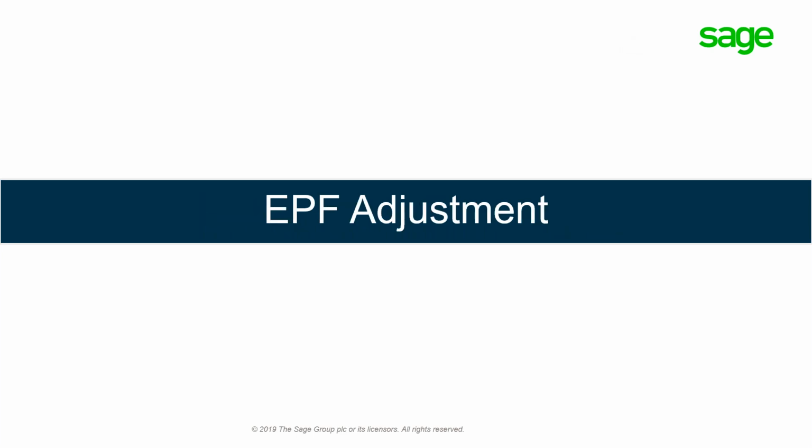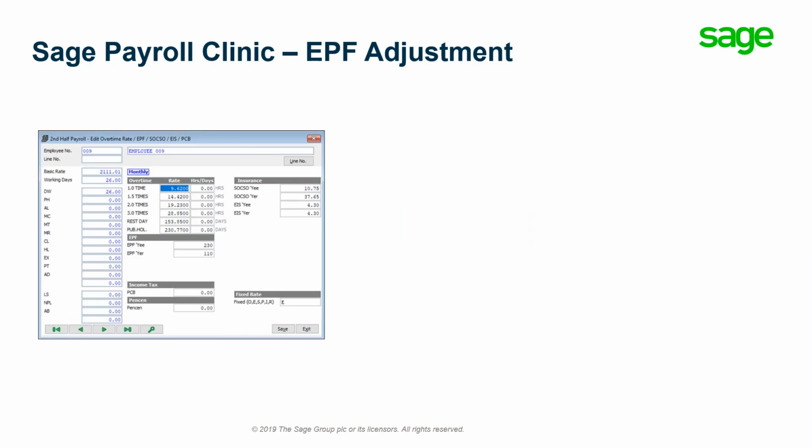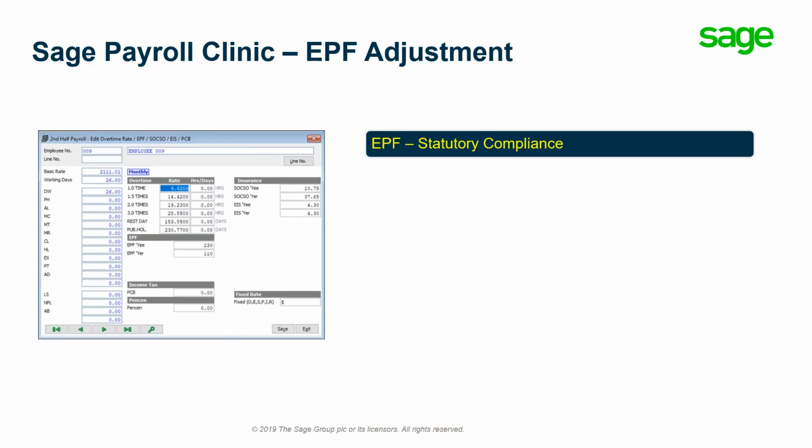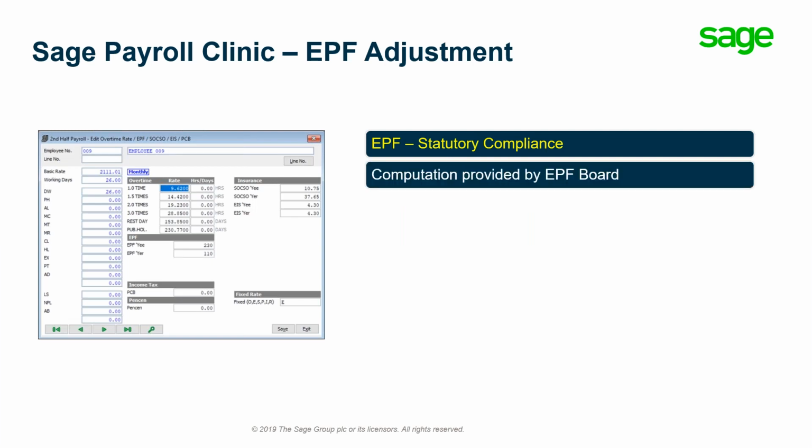Now the next topic is on the EPF adjustment. This is also something that we received as a request. As you know, EPF is a statutory compliance matter, right? And in fact, the computation is very fixed and provided by the EPF board.